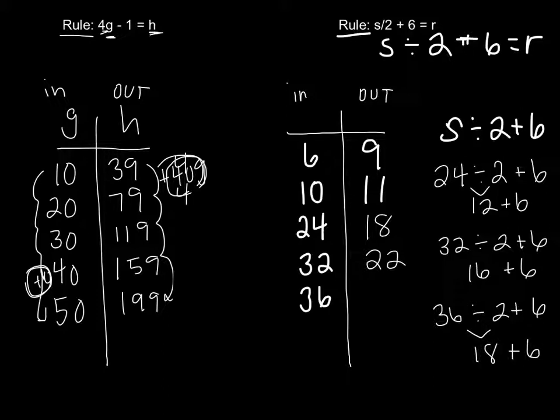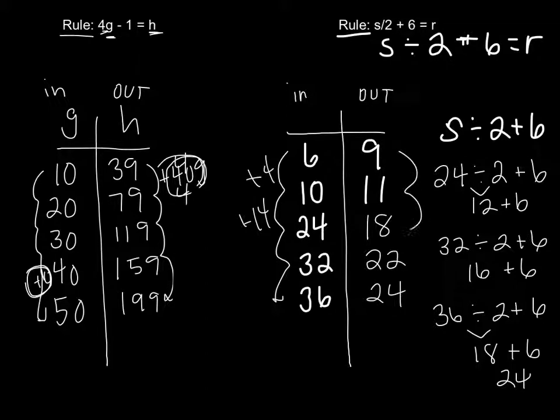I know that 18 plus 6 is 24. So over here, I didn't use a pattern. I went up by different values. Went up by 4, 14, and so on. So over here, you probably don't see much of a pattern.